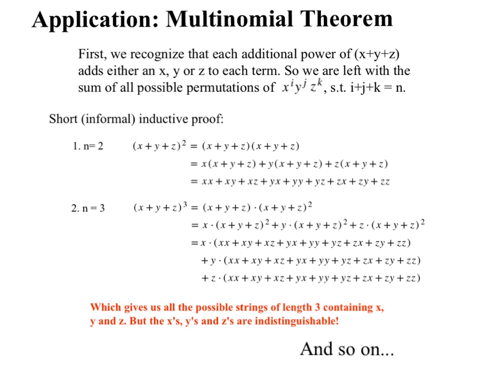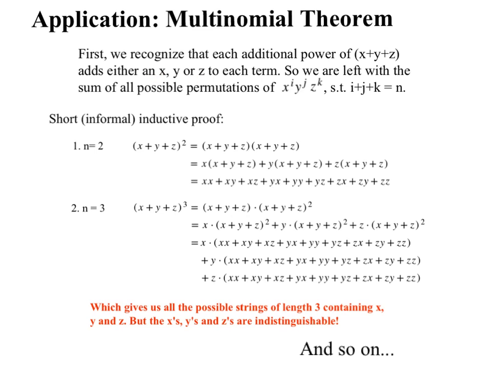So if we're using x plus y plus z as an example, and we raise it to some power, the most important thing to recognize is that every additional power that we raise it to is going to add an x, a y, or a z to each of the terms.